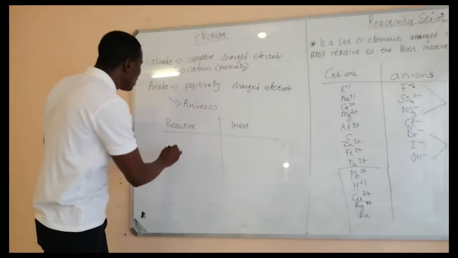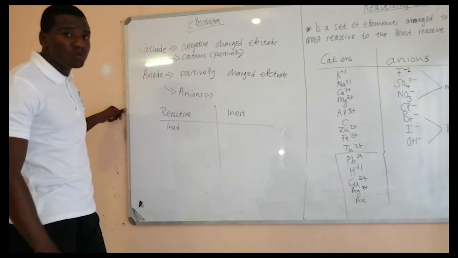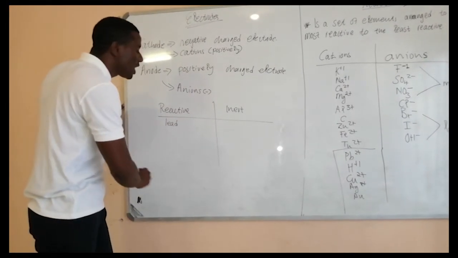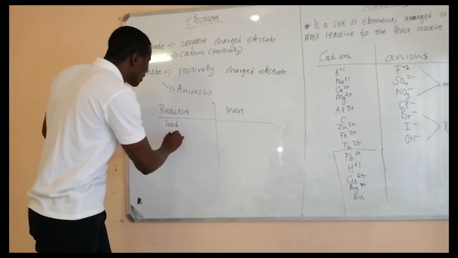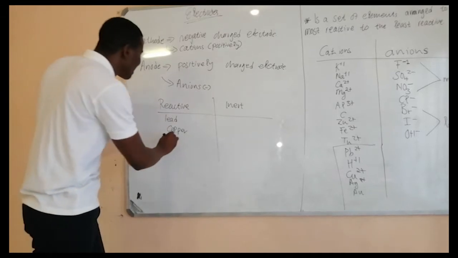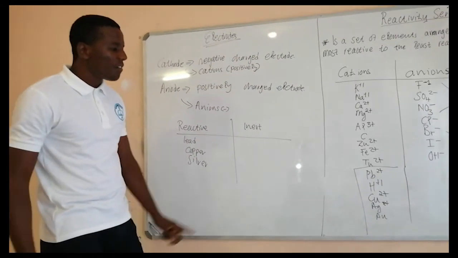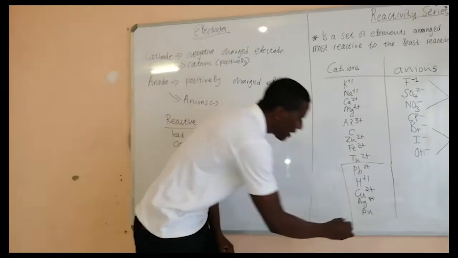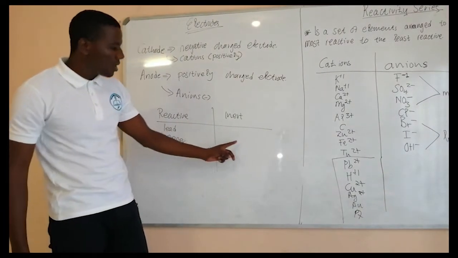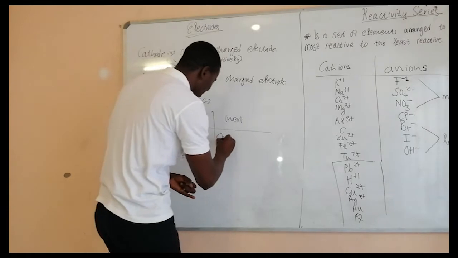So the reactive electrodes can be made of lead, copper, and silver. And then the unreactive ones, for example, we can also have platinum there. The first one is carbon electrodes, which are unreactive.